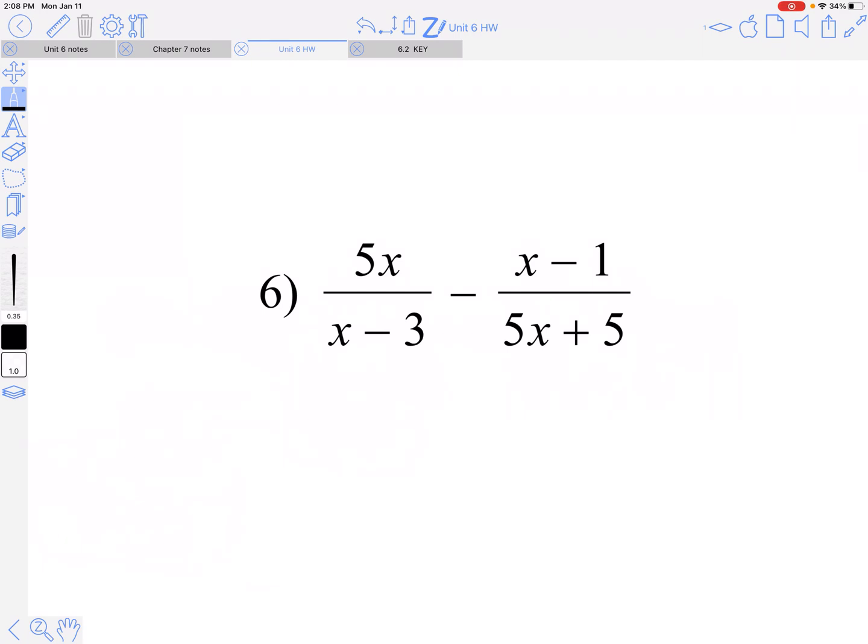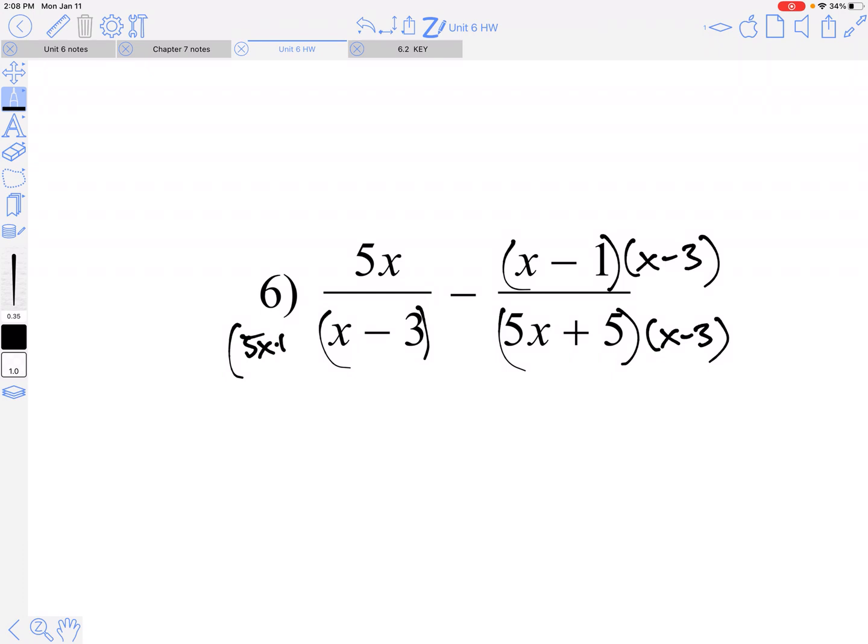All right, so again, I like to put these in parentheses just to help me see what the denominator is that I already have. So if I multiply this by x minus 3, I have to multiply the top by x minus 3. And then I'm going to multiply this by 5x plus 5, and this by 5x plus 5.